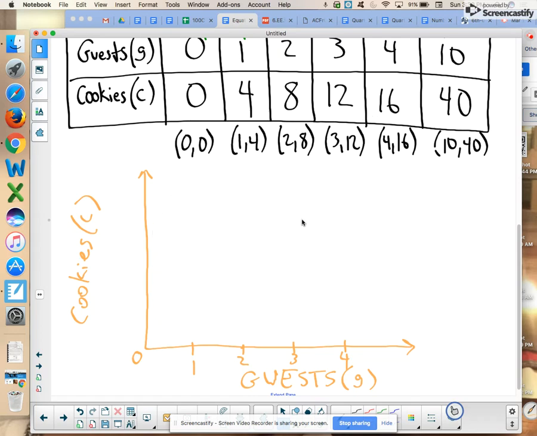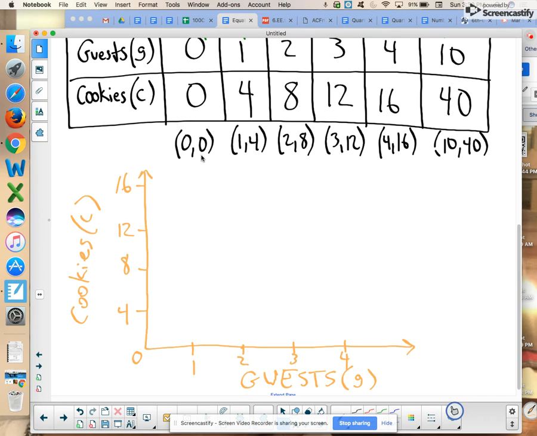So we could go up by 5s, we could go up by 1s. It really depends on what you want to do. In this case, we're going to go up by 4s. So our first interval is 4, our next interval is 8, our next one is 12, and our last one is 16. And again, we're not going to show the final ordered pair on there because it would just make the graph too big.